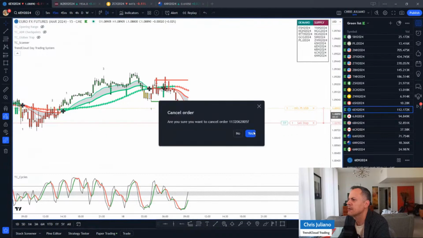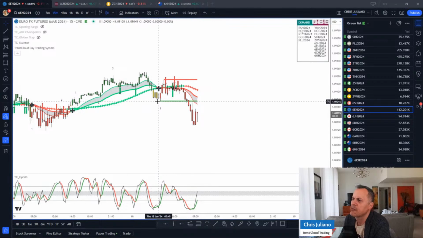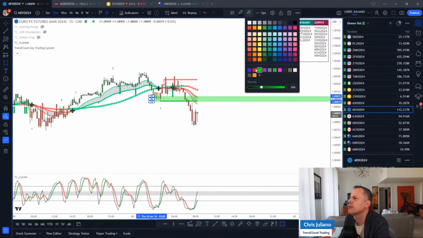Let's get rid of this for now. Pulling back into the cloud. We got a drop-base-drop here. That's right at previous support, right? Previous support right at that. And there's your trend cloud.